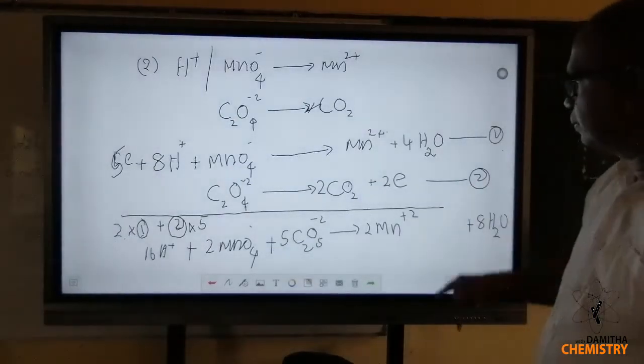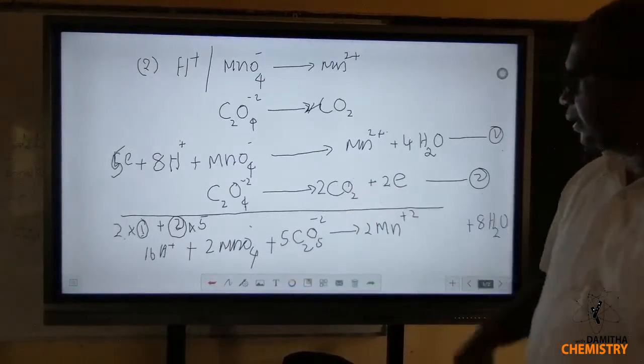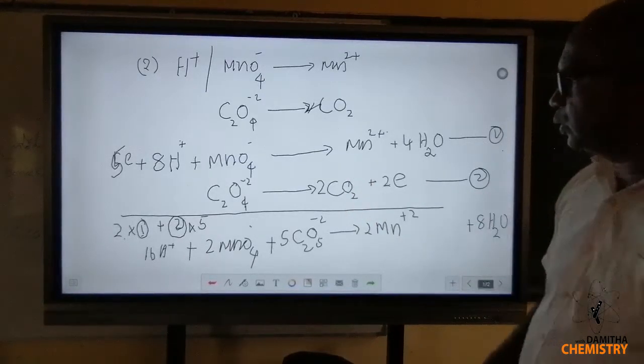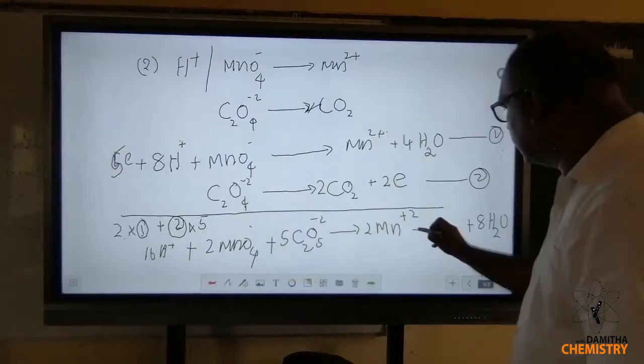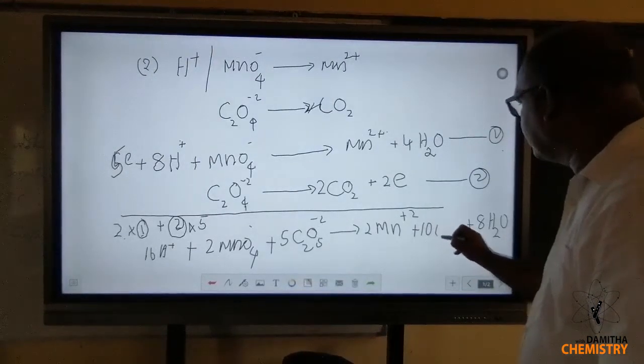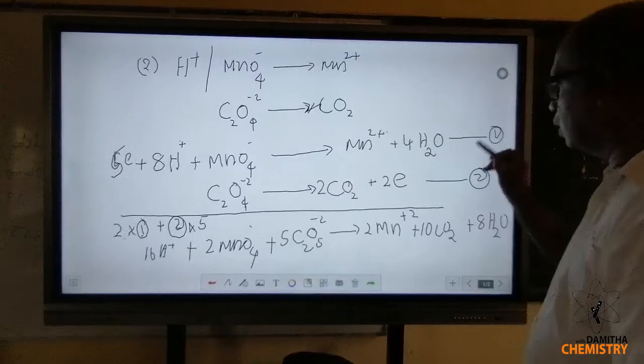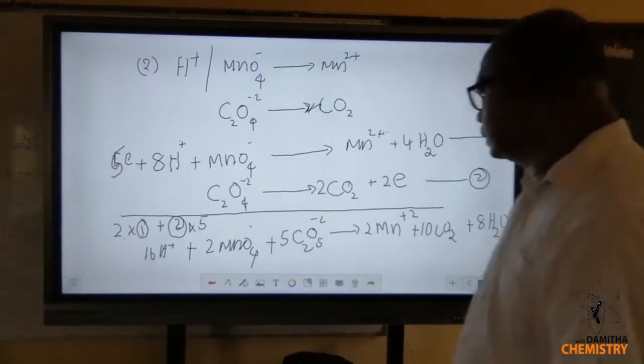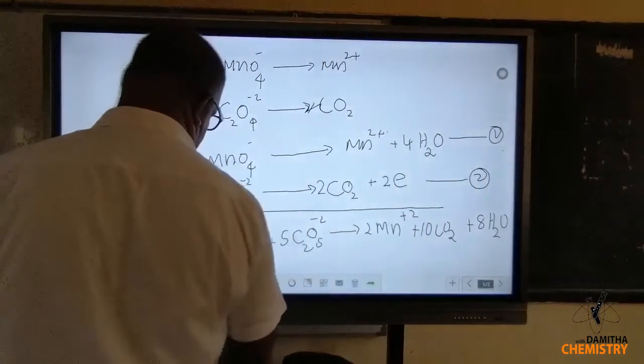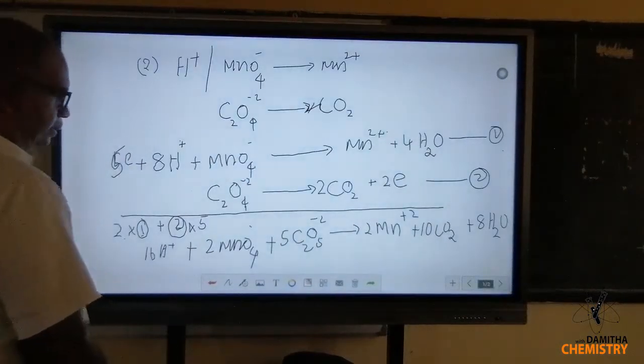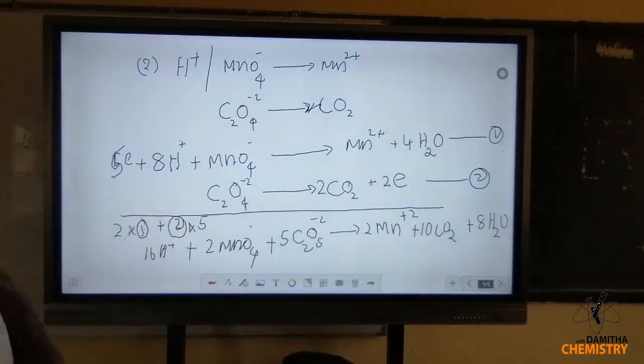Then second, 2 carbon dioxide into 5, the answer is 10 carbon dioxide. Okay, that is the redox reaction.